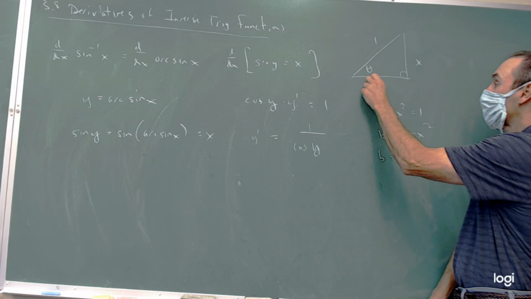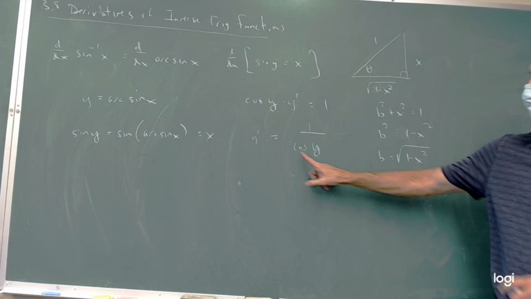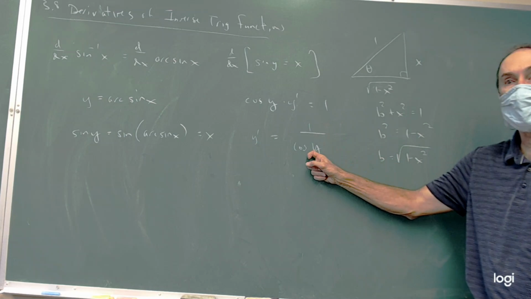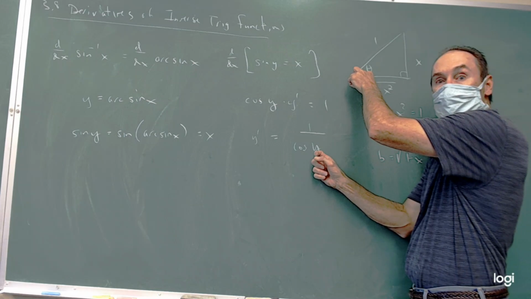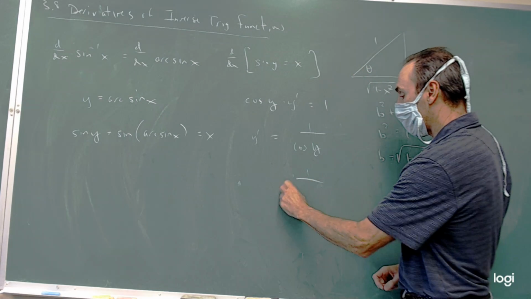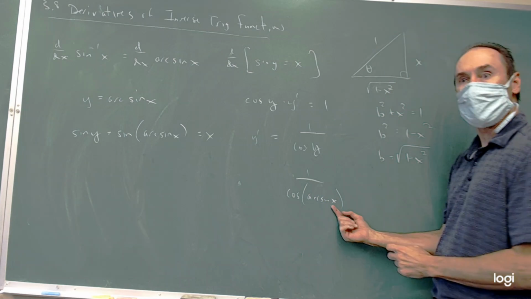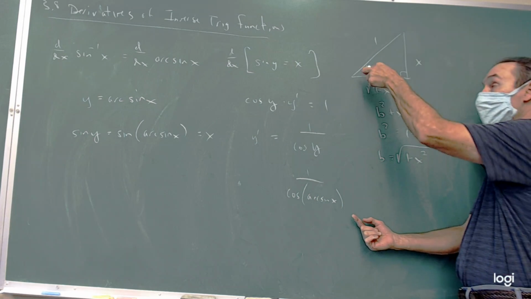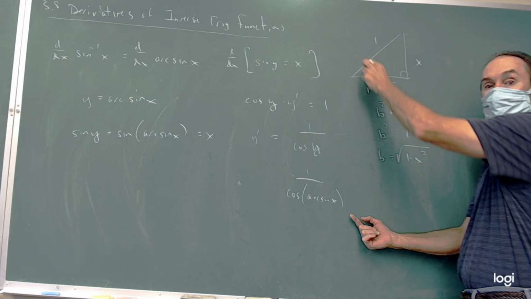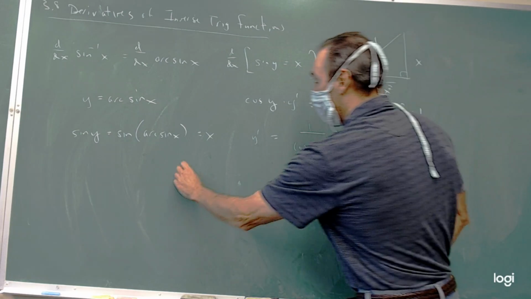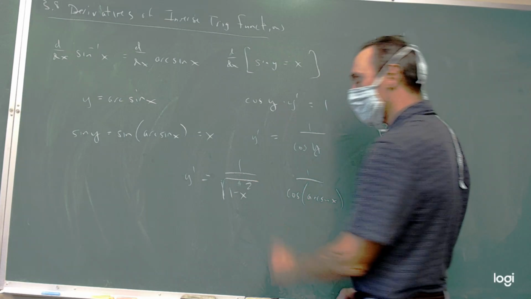So what we're getting for the derivative of the arc sine is 1 over the cosine of arc sine of x, the angle whose sine is x. The cosine of this angle is adjacent over hypotenuse. That's just the square root of 1 minus x squared. So we're saying the derivative is 1 over the square root of 1 minus x squared.